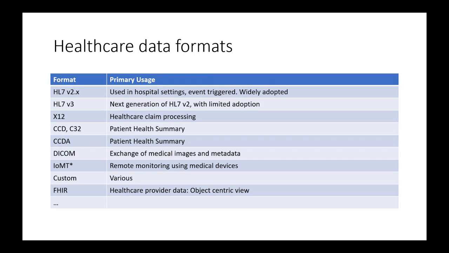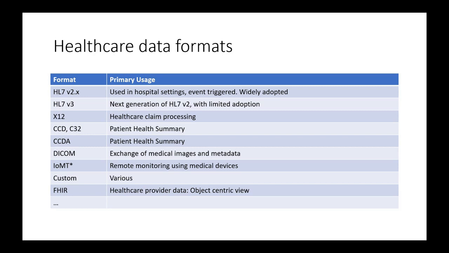Like the most common format that is available in healthcare is HL7v2, right? That's used in hospital settings, perhaps the most commonly used format. The next one was HL7v3, which was a completely different approach from HL7v2. By the way, HL7v2 is what we call a pipe and hat delimited format.